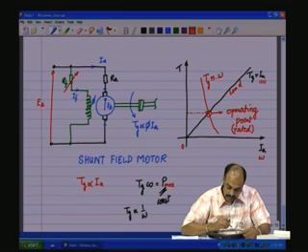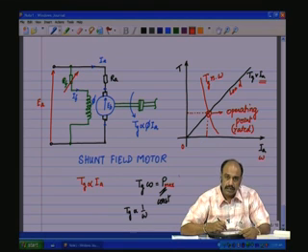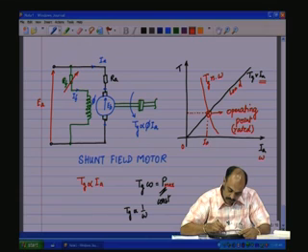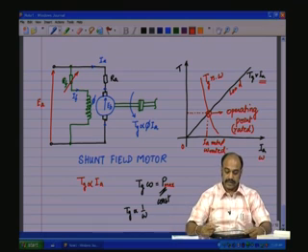So, the torque at rated load and rated speed or the nominal speed. So, that would be your Ia rated, omega rated in radians per second.